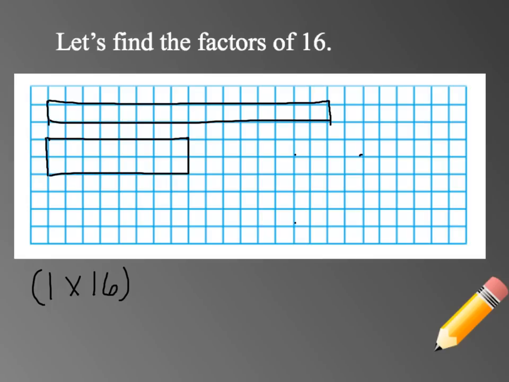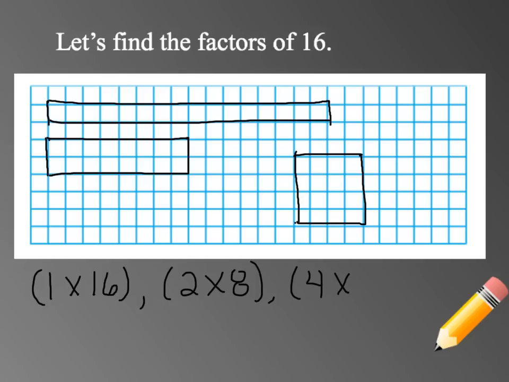Yep, that gives me 16 also. So my next factor pair is 2 times 8. Is there anything else? I hope someone was thinking 4 times 4 equals 16. So another factor pair would be 4 times 4. So how many factor pairs are there? 1, 2, 3 factor pairs.